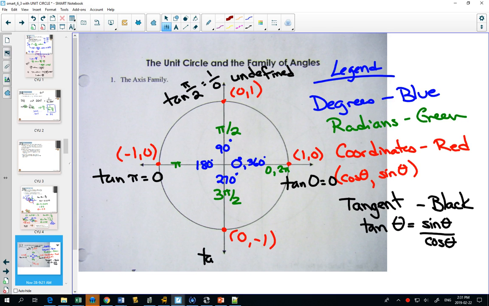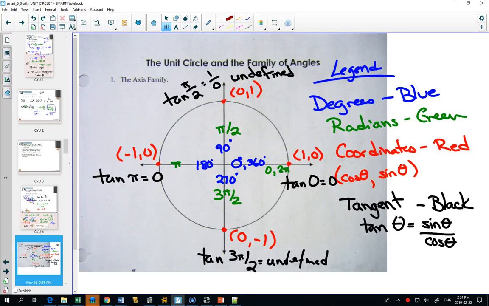And same thing down here. Tan of 3 pi over 2 is undefined as well. So just by labeling the points on the unit circle, you can now do sine, cos, and tan really quickly.